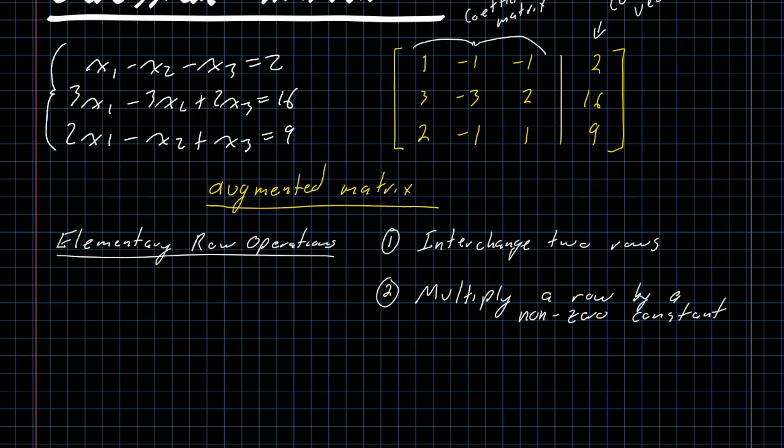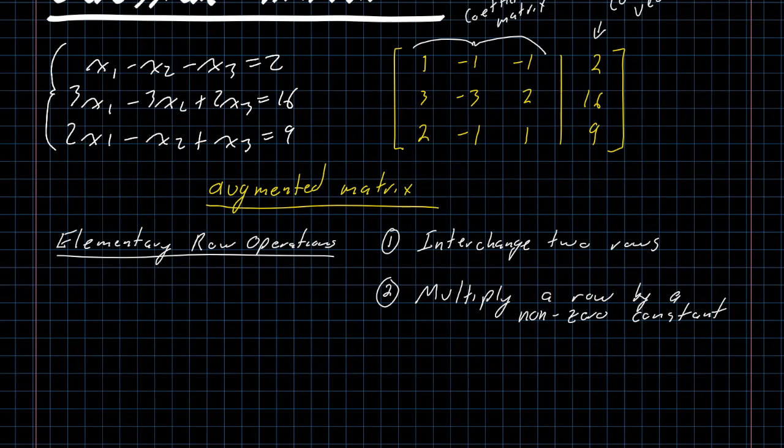Right? The second elementary row operation is to multiply a row by a non-zero constant. Multiplying a row in a matrix by a non-zero constant is the same thing as multiplying both sides of an equation by that constant. If the constant is zero, you lose information, but for any other constant, that works perfectly fine.